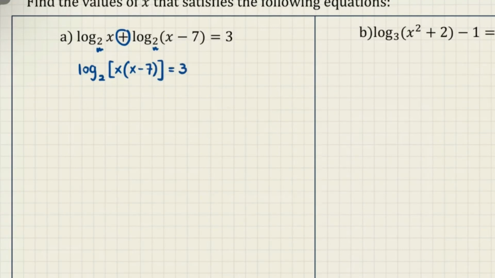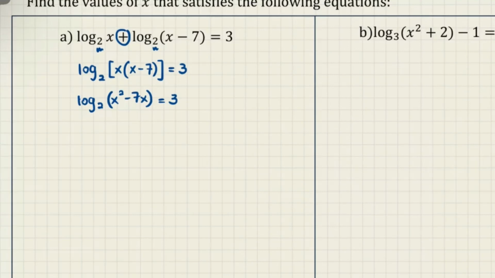So, sekarang dah jadi single log. Satu log sahaja. Kita darab masukkan dahulu dalam dia ni, log with base 2 x square minus 7x equals to 3. And then ini kita gunakan first method tadilah. Ada satu log sahaja on one side, so we are going to use anti-log.